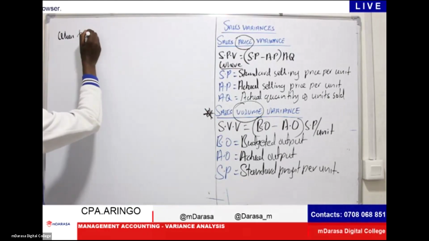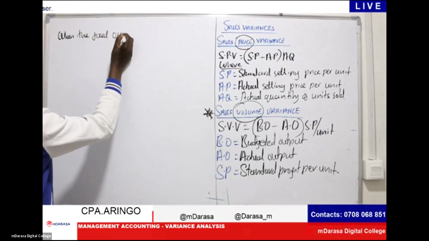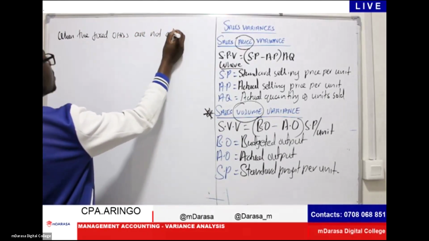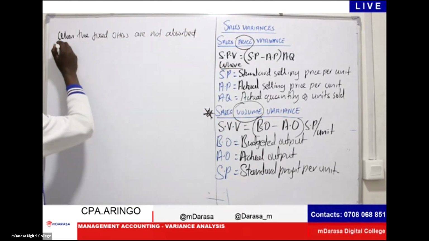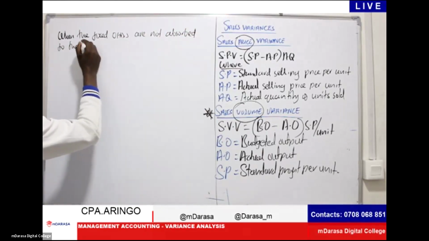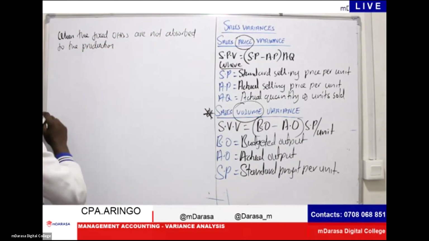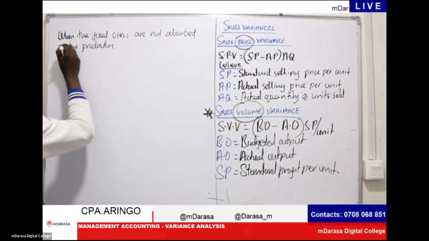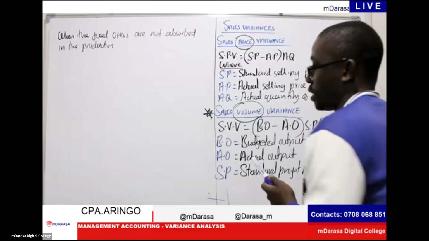When the fixed OHDs are not absorbed into the production, then our sales volume variance will change.